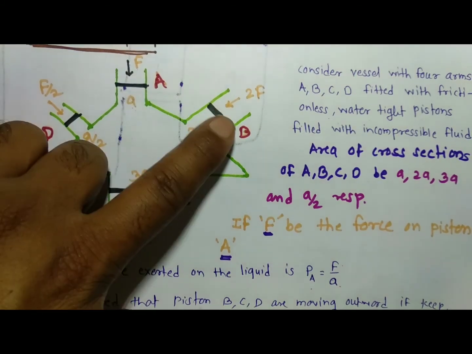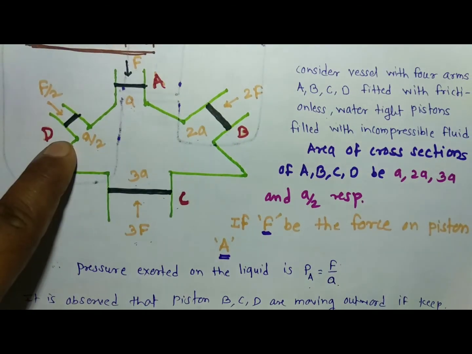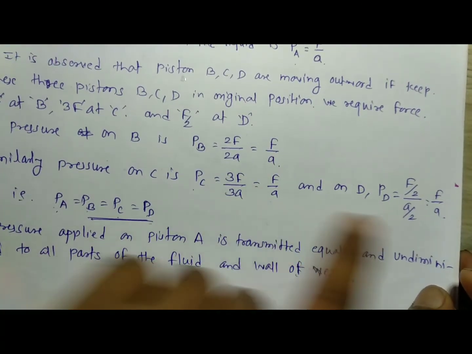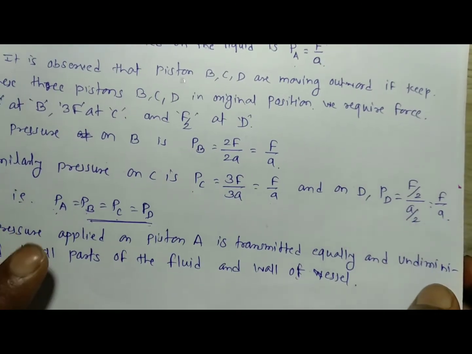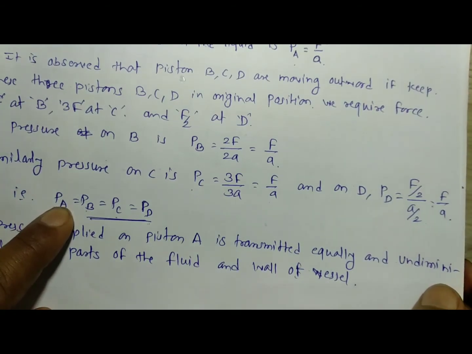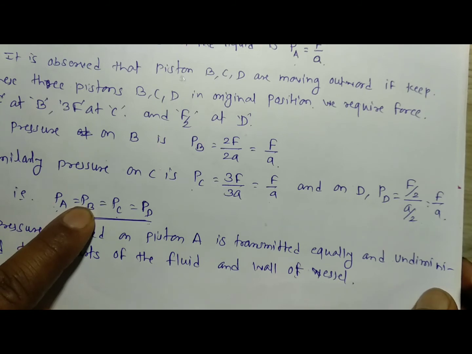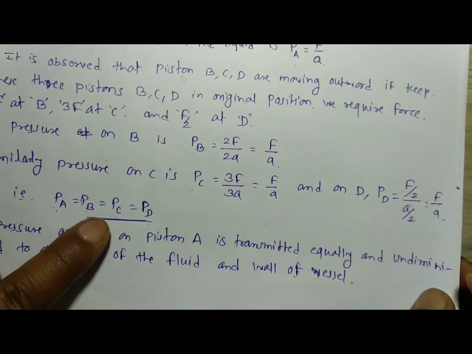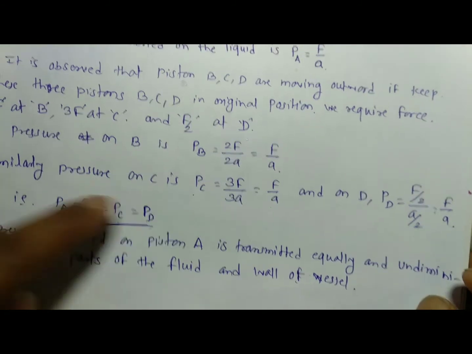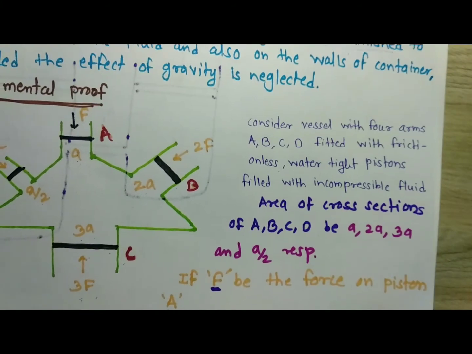And therefore at point B, at point C and at point D, all over these 3 points there will be a pressure of the same quantity, that means F divided by A, F divided by A, F divided by A, and therefore PA, the pressure generated at point A, is transmitted without losing its value, without diminishing, to points B, C, D. And this is nothing but Pascal's law.